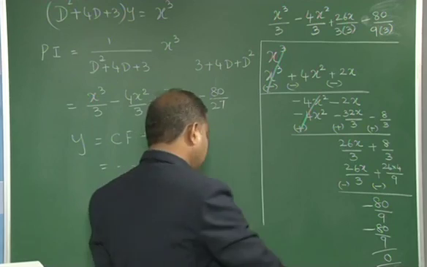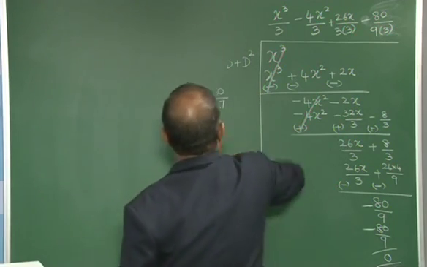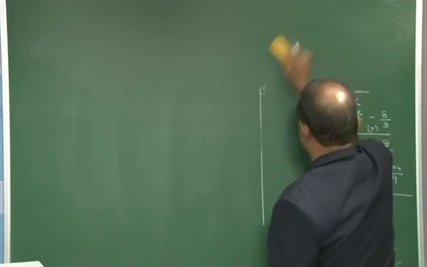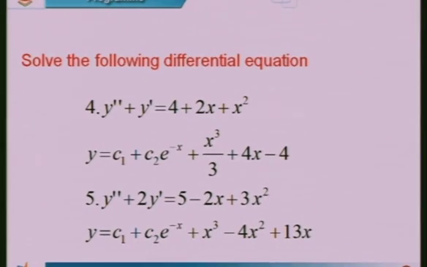Such type of question, one more example I will show you. y double dash plus y dash is equal to 4 plus 2x plus x square.